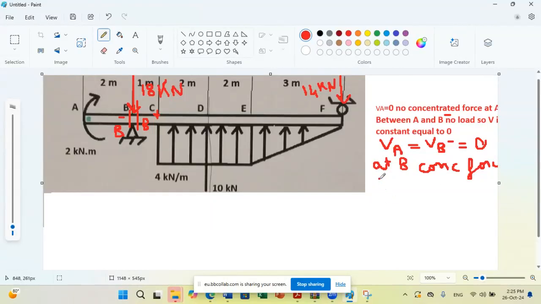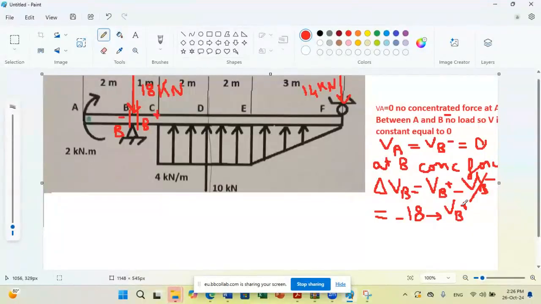We just say delta V at B, which is the change of shear at point B, is equal to the shear at point B plus minus the shear at point B minus. And since we have a downward force, the jump is negative, so minus 18. And since VB minus is 0, what do we deduce? We deduce that VB plus is equal to minus 18.